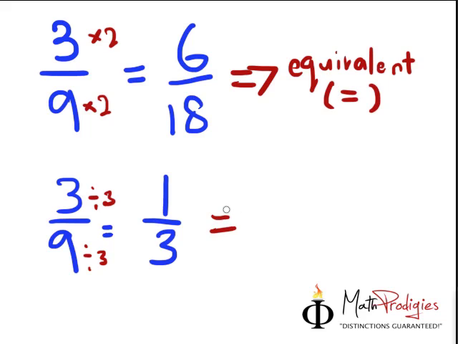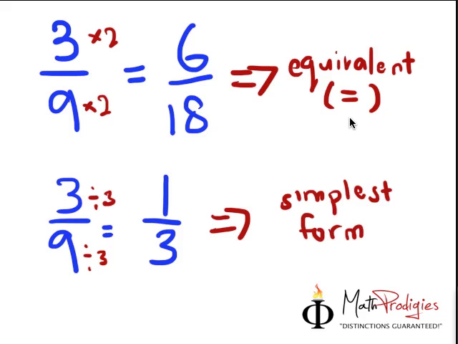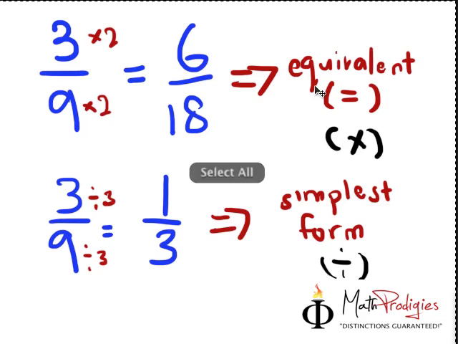And this is simplest form. Simplest form means you reduce it, make it smaller, and how do you do that? You divide, okay? So here you times, and here you divide. Simple. Alright, with that, let's go through questions number 1 all the way to question number 6.